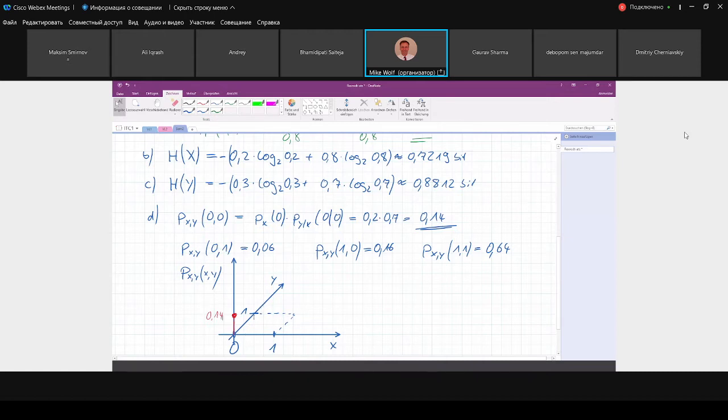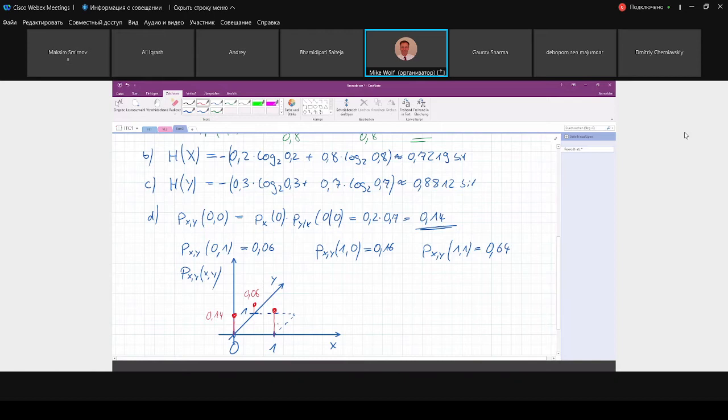As you can see, this is 0.06, very low. It's here. 0.16 is about half of this height. Then we have x as 1 and y is 0, which is 0.16.